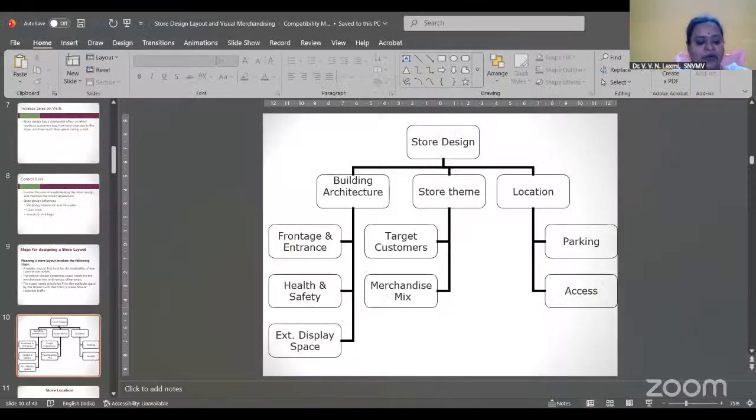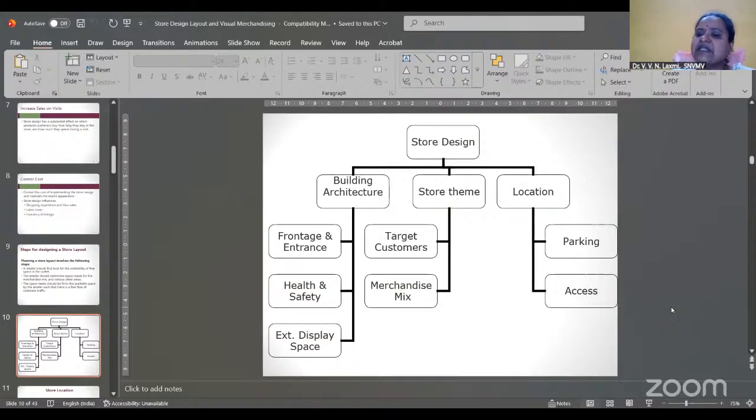Yes. Now let us look at the important elements of any store design. Store design is dependent on three things. The first one, I should say, is the location of the store.